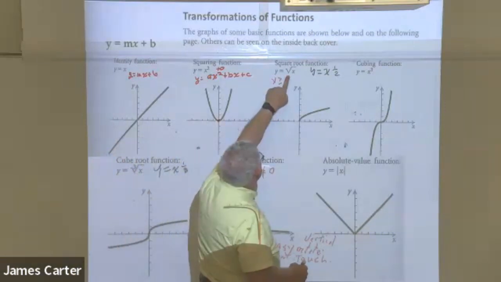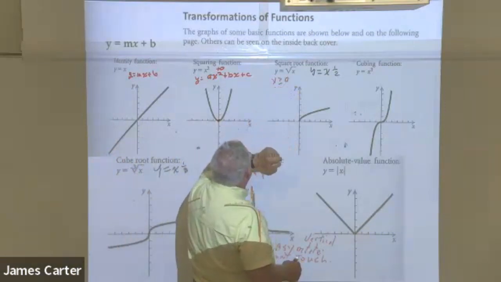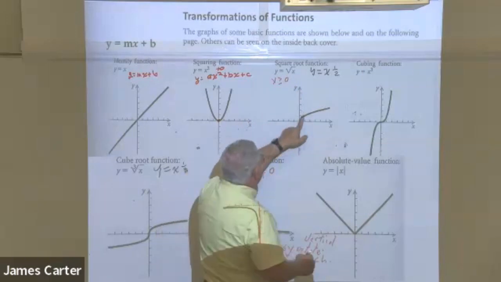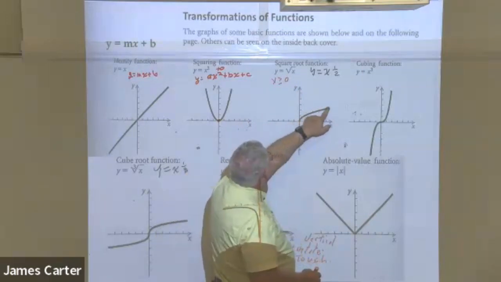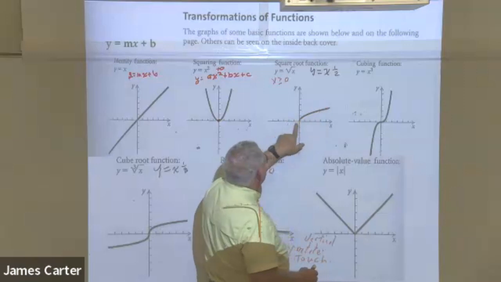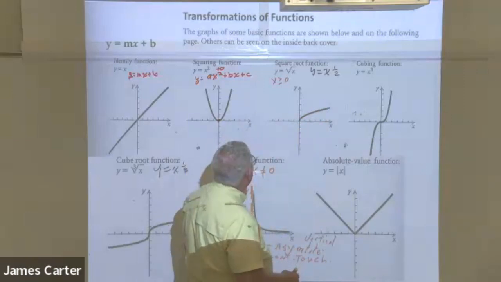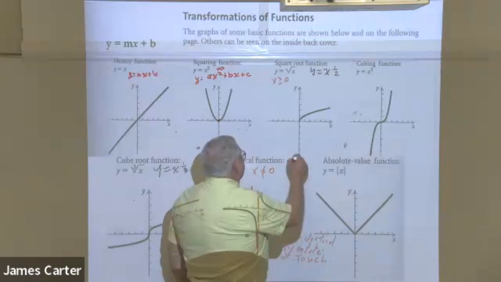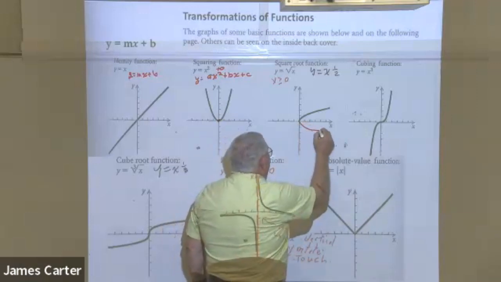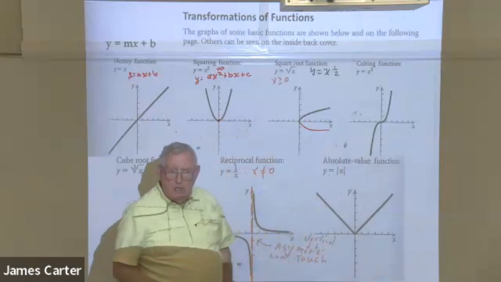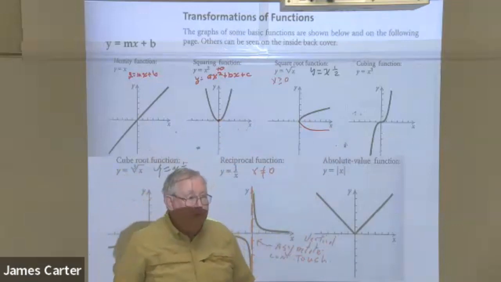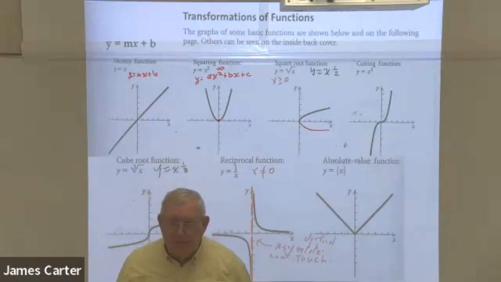Let's move over here to square root of x. Well, this is what it is. Square root of x. Why does it not have more? Well, technically, it kind of could, but it would be imaginary. Yeah.